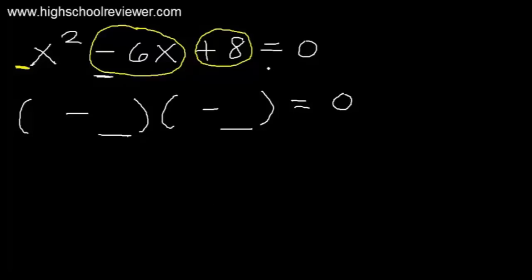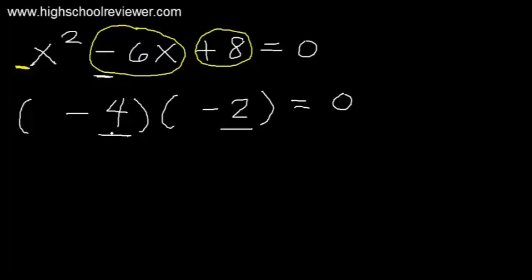Okay, so what are the two numbers that are factors of positive 8? Let's try negative 4 and negative 2. Okay, now let us check. Negative 4 multiplied by negative 2 is positive 8. Okay, that is correct. And negative 4 plus negative 2, that is negative 6.